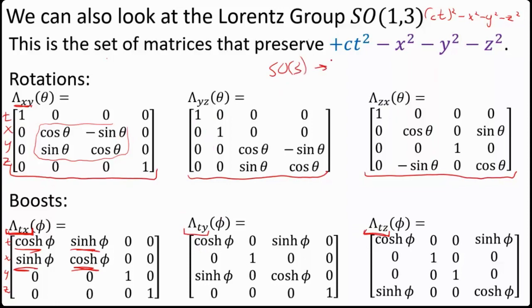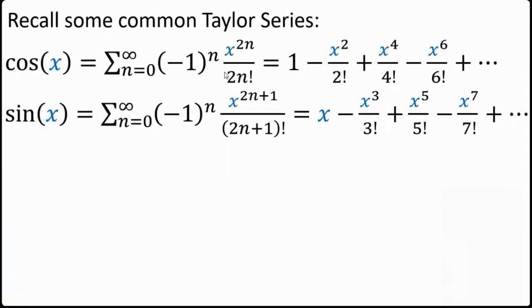SO3 had 3 matrices, but SO13 has 6. You can think of it as all possible pairs of axes. So X, Y, Z is 3. Here we have those 3. But we also have time, so that gives us 3 more pairs. So that's why it's 6. And these have generators of their own.